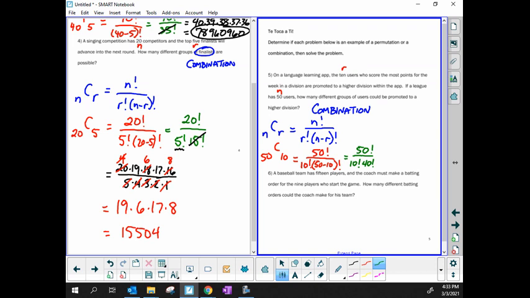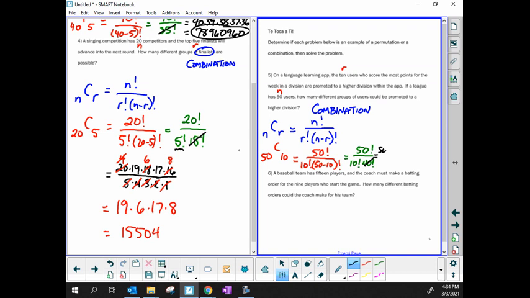Then again, 50 factorial and 40 factorial are really big numbers, okay? So instead of trying to figure those out, let's use them to cancel each other out. The 10 and the 40 factorial on the bottom, we're going to use those to cancel out as much of that 50 factorial as possible. Use the bigger one first. That 40 factorial will cancel out everything on top from 40 all the way down to 1. So what's left on top?